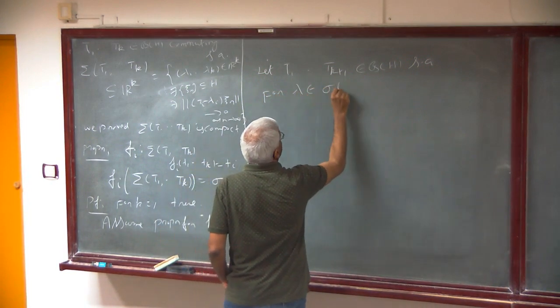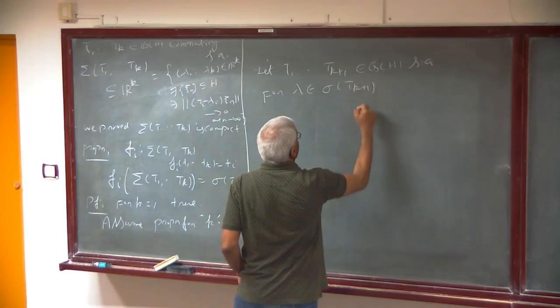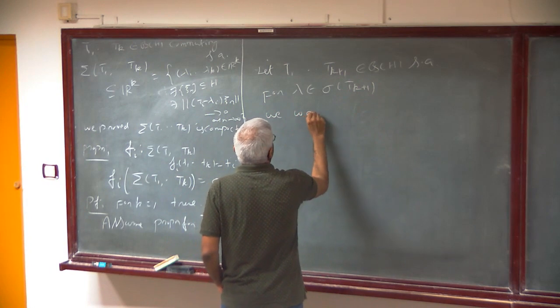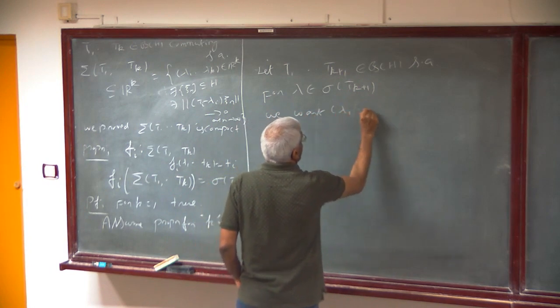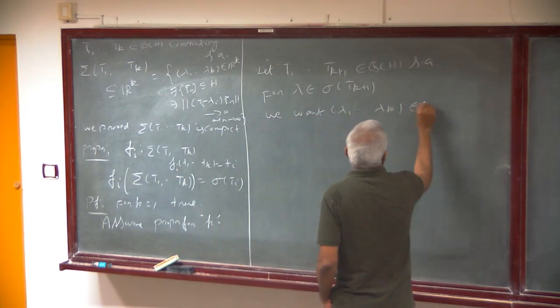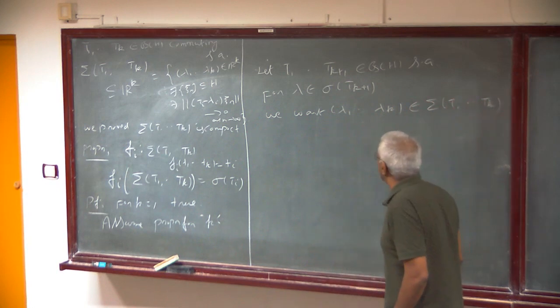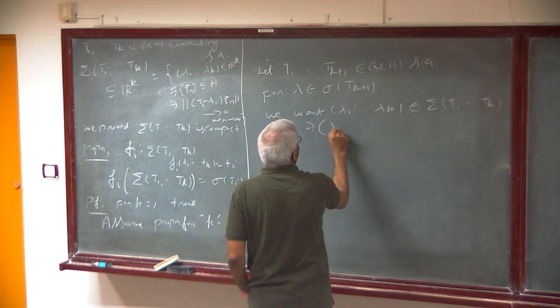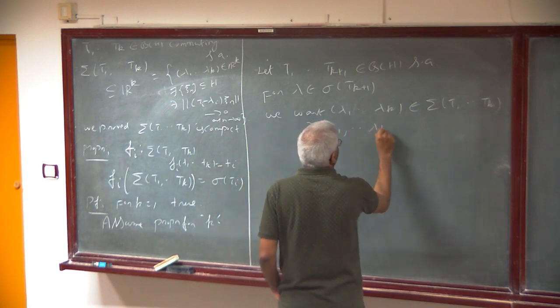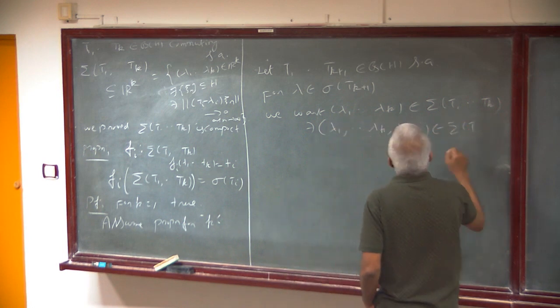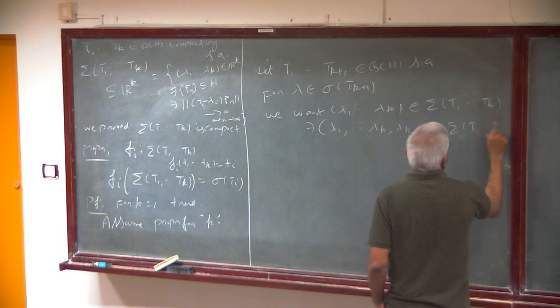Then for lambda in the spectrum of Tk plus 1, we want to exhibit lambda 1 up to lambda k in the joint spectrum of T1 to Tk, such that lambda 1 to lambda k plus 1 is in the joint spectrum of T1 up to Tk plus 1.